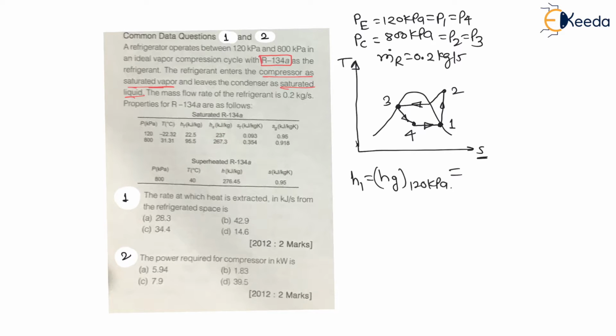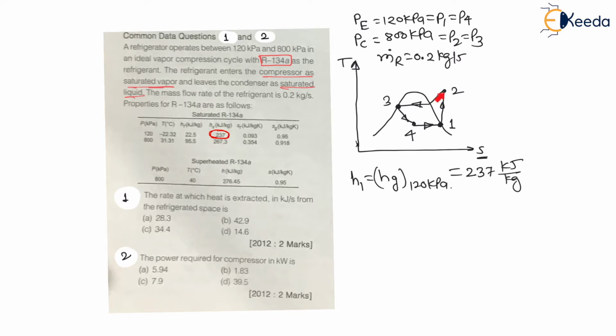Therefore H1 is 237 kilojoule per kg, right? Here this value you will find. I hope this is visible to you. As the question is large, I have taken a small image, right? Again SF is given, Sg is given, means at 1 Sg will be the value.